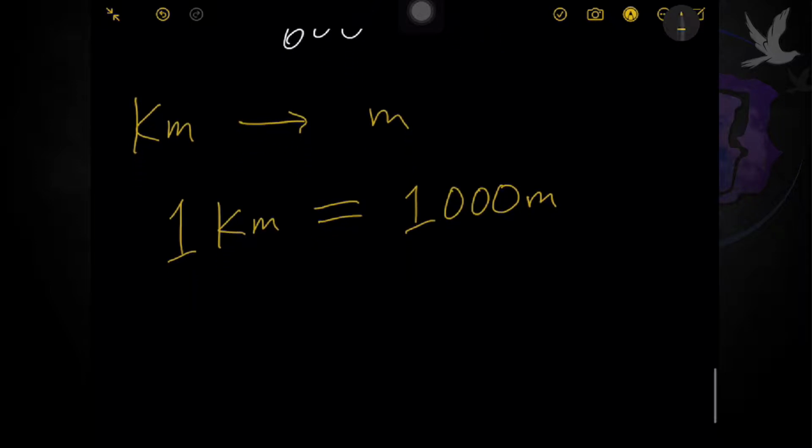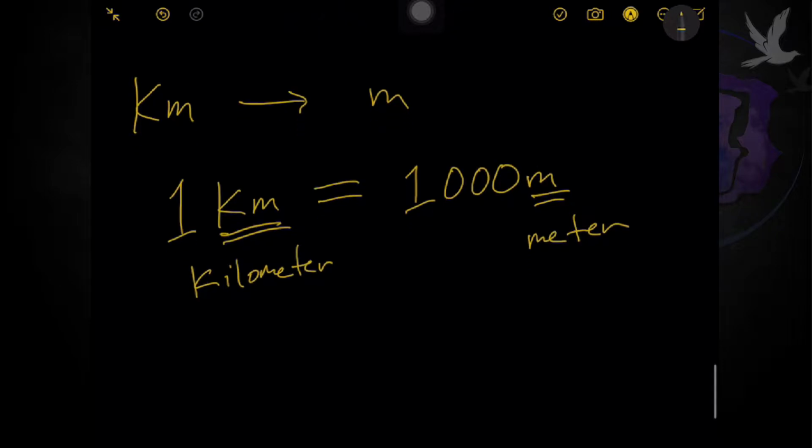Okay, just to make it clear, km stands for kilometer. And meter, ginagamit na natin yan since kanina pa. So, that's meter. M stands for meter. So, for every 1 kilometer, it is equivalent to 1,000 meters.